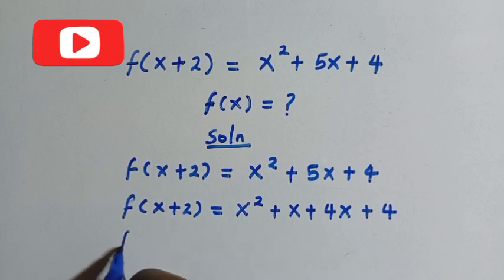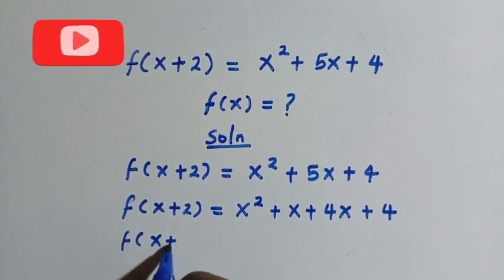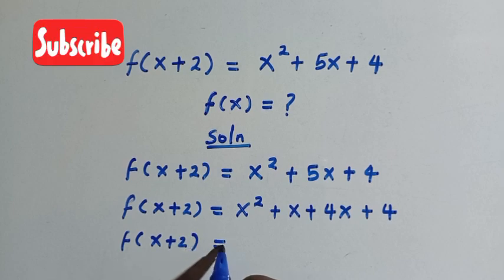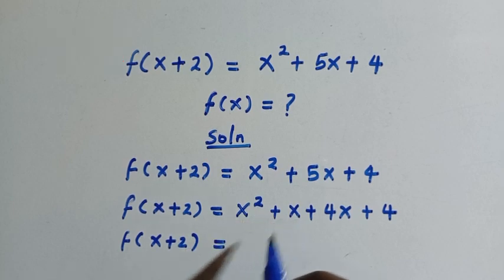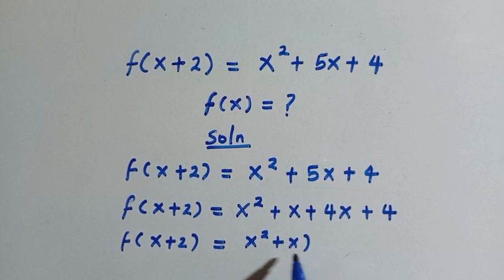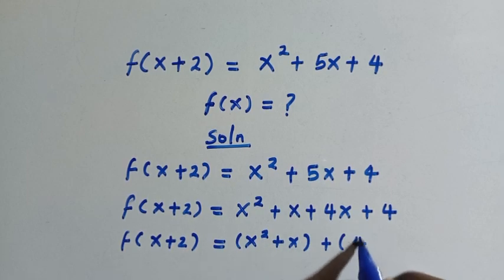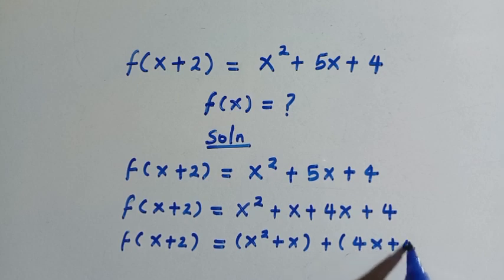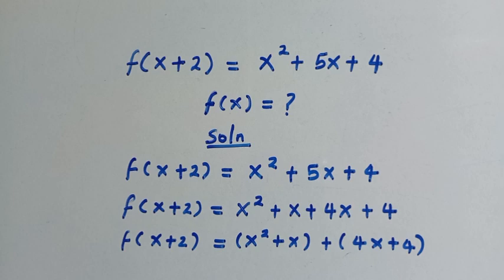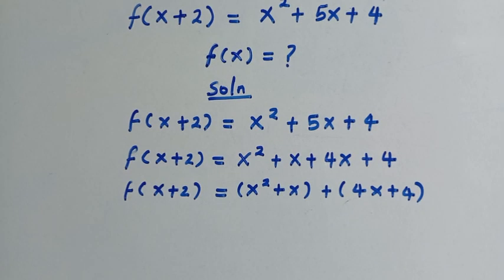In the next step, we have f(x + 2) equals, so let's combine the first and the second, which are x squared plus x, plus we combine the other two, which is 4x plus 4. After having this, we have to factor out what is common.